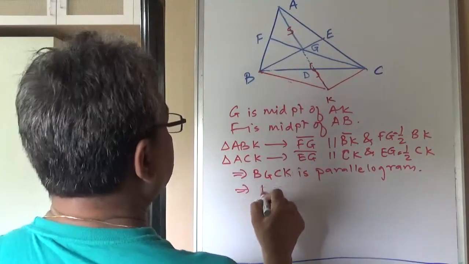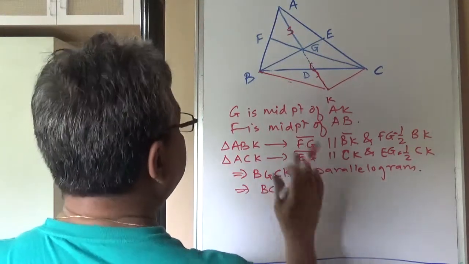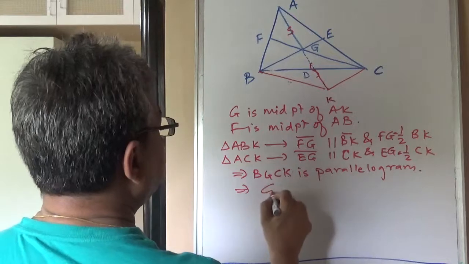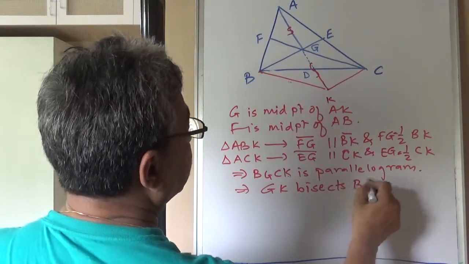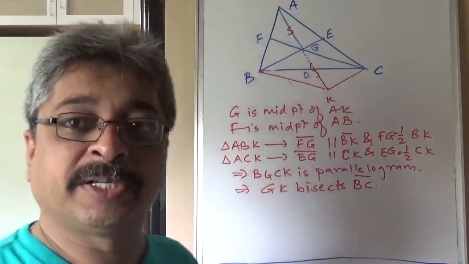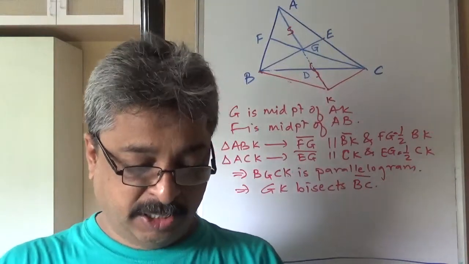This implies GK bisects BC, and hence the point of intersection D has to be the midpoint. This is how concurrency of medians is to be proved.